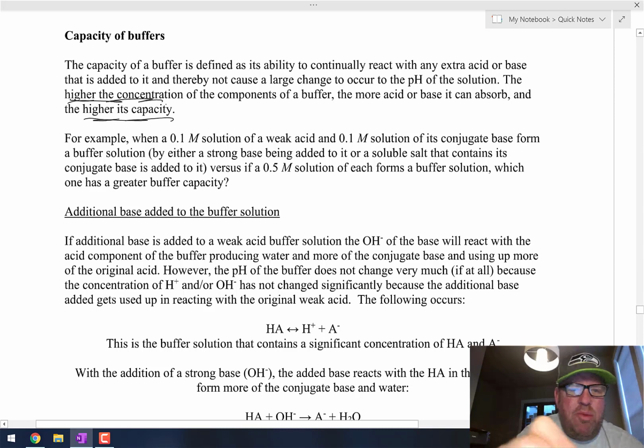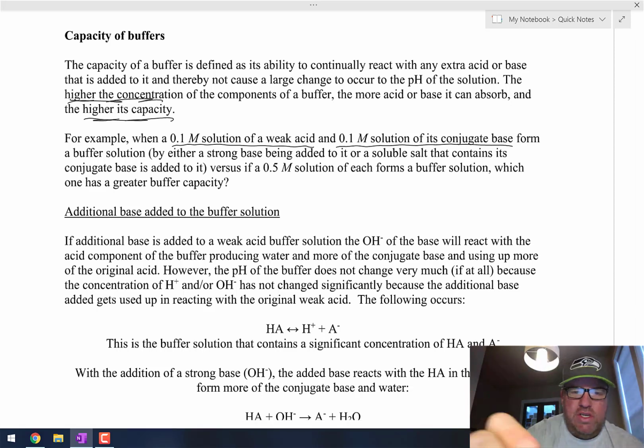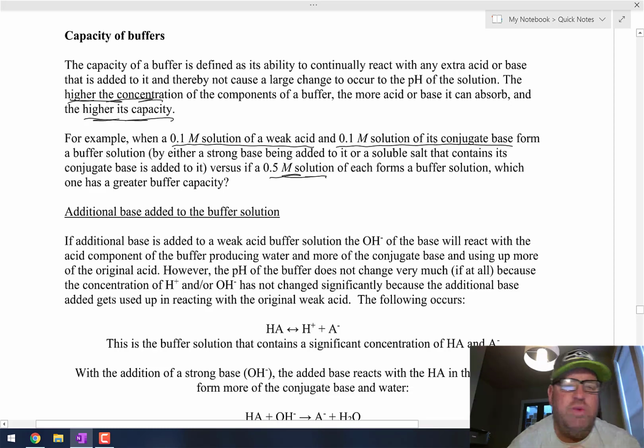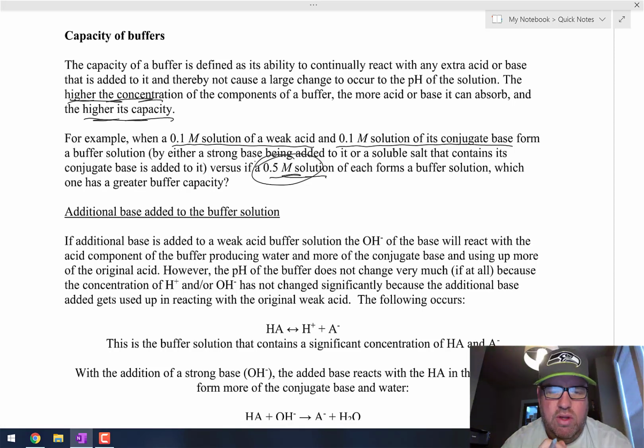If you have a 0.1 molar solution of a weak acid, and also 0.1 molar of its conjugate base, and they form a perfect buffer solution, versus a 0.5 molar solution of each of those, which one's going to be able to resist that change longer? Of course, the 0.5 molar solution, because there are more acid particles and more conjugate base particles in that solution.